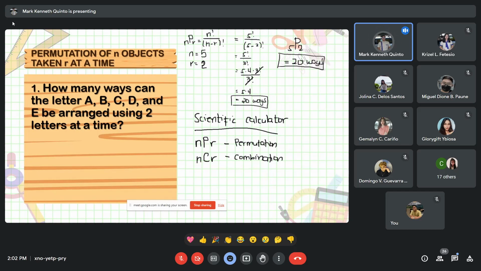Because if order is important and you see the words at a time, so that is actually part of permutation of n objects taken r at a time. But again, it is confusing since we also have the combination of n objects taken r at a time. You have to analyze first if order is important. So if order is important and it has the words at a time, therefore that is permutation of n objects taken r at a time. Clear po ba?